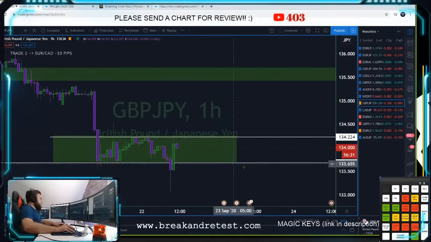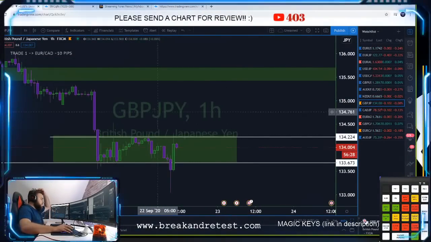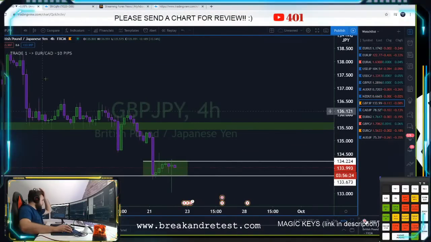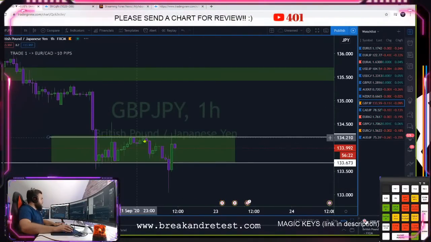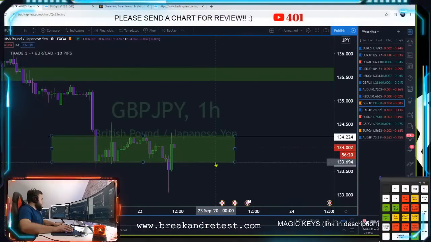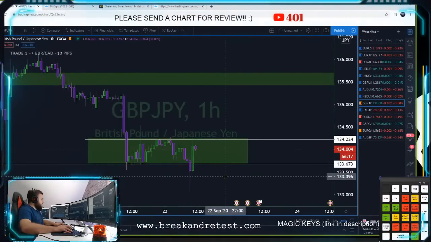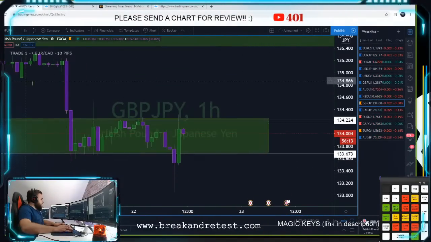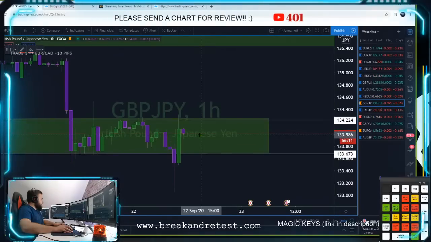Okay, GJ closed back in the range. 4 hour closed bullish, but that doesn't mean anything for now because we're still inside this range. What we can do here is wait for a retest from this fake out.